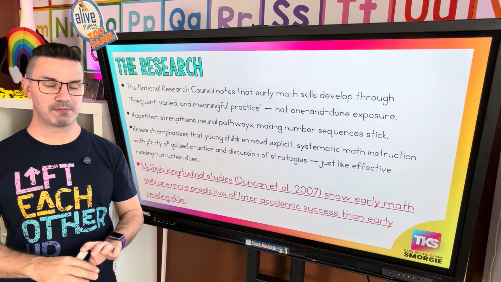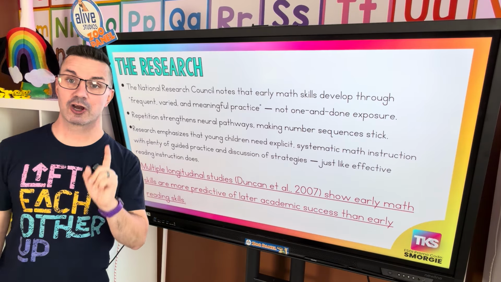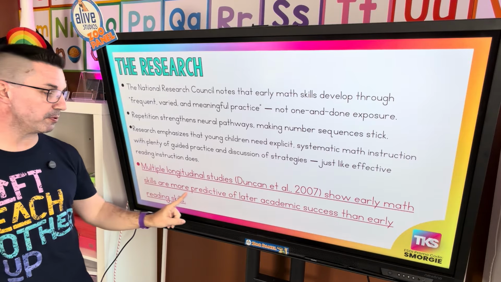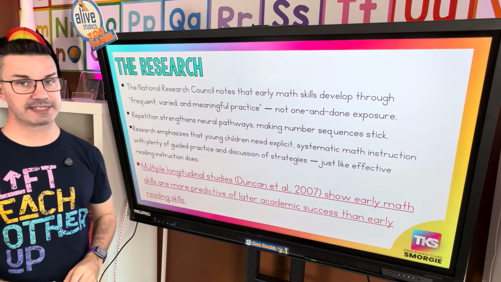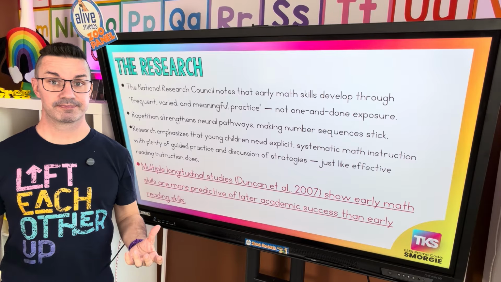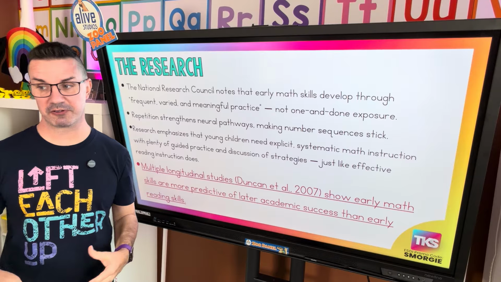Multiple studies show that early math skills are more predictive of later academic success than early reading skills. They're both powerful, and we need to focus on both of them.